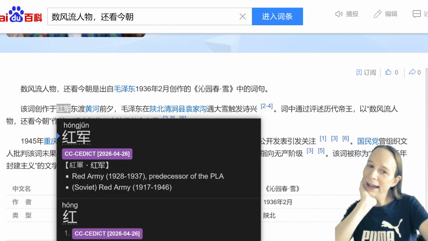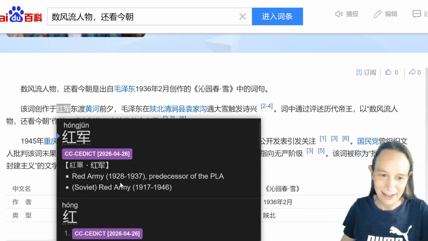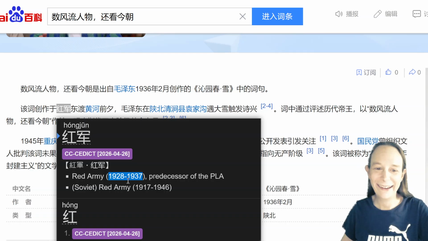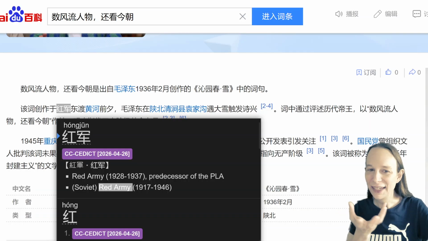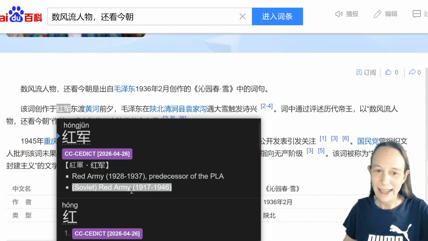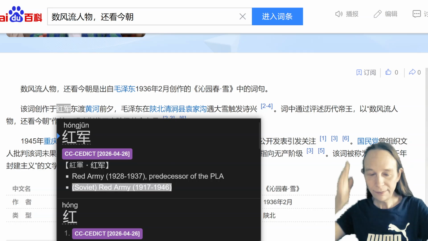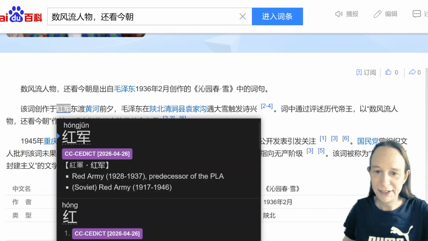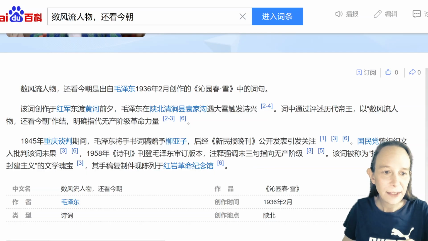So Red Army is not only the Soviet army, but also the Chinese army. So no, it's a Chinese army during this period of time. Okay, I did not know that actually. I've always just called the Soviet army, yeah, in World War II or thereabouts as the Red Army. All right. Okay, so here, Hongjun refers to the Chinese one.